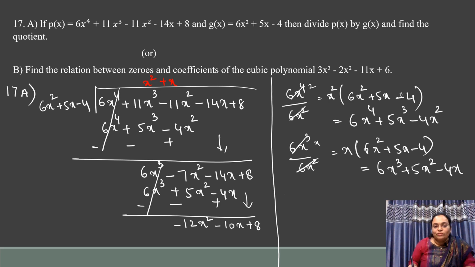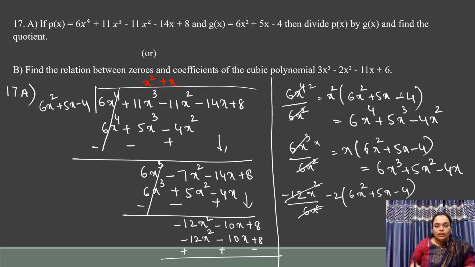The next you need to take minus 12x square divided with 6x square, which is minus 2. Multiply it with 6x square plus 5x minus 4. You will get minus 12x square minus 10x plus 8. Okay. If you change the signs, all the terms will get cancelled.